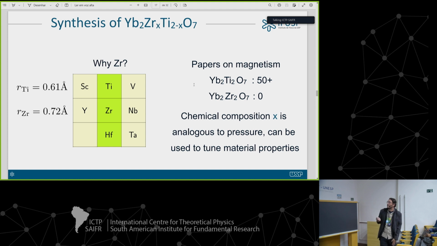Zirconium is close to titanium, a little bit bigger. In some way this is similar to putting what we call chemical pressure on the material. So we thought we could perhaps control the magnetic interaction by doing this substitution, titanium by zirconium.